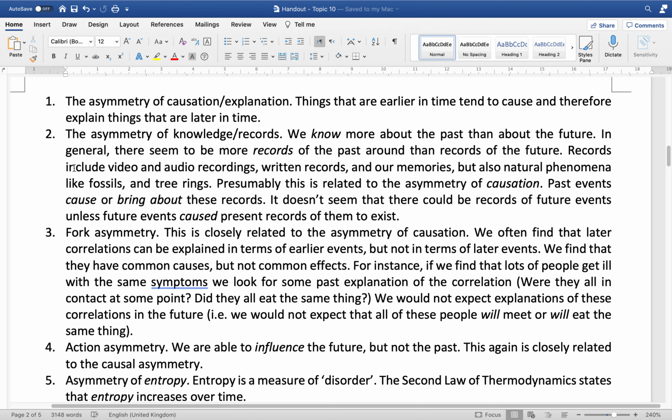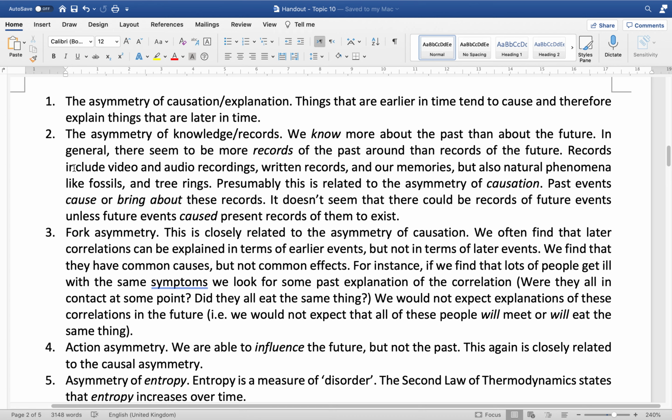A second asymmetry is an asymmetry of knowledge, or perhaps more broadly an asymmetry of records. We seem to know more about the past than the future. And in general, there seem to be more records of the past than records of the future. Our memories might be among the records of the past. As I say on the handout, we've got video and audio recordings of the past, written records, tree rings, fossils, memories.